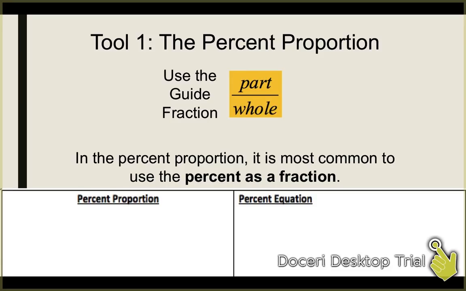The first tool is the percent proportion. And what you need to write in your box, if you hadn't already, is this part here and this part here.